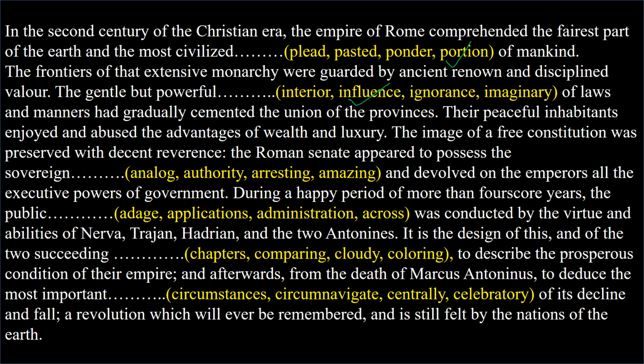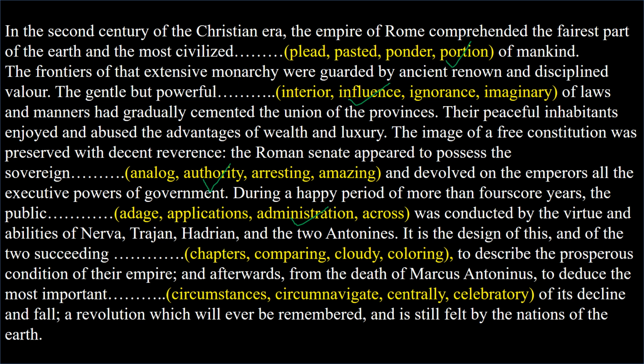So authority will be the correct answer here. During a happy period of more than 80 years, the public, and in the bracket adage, applications, administration, across. So administration will be the correct answer here.